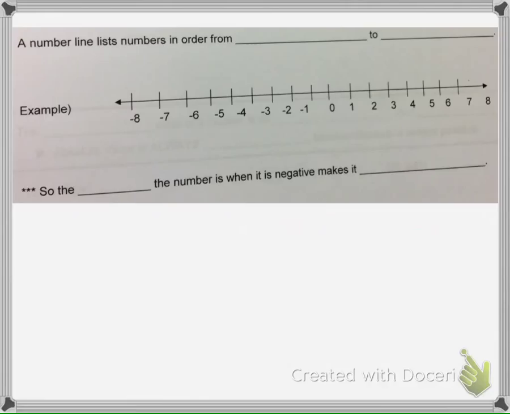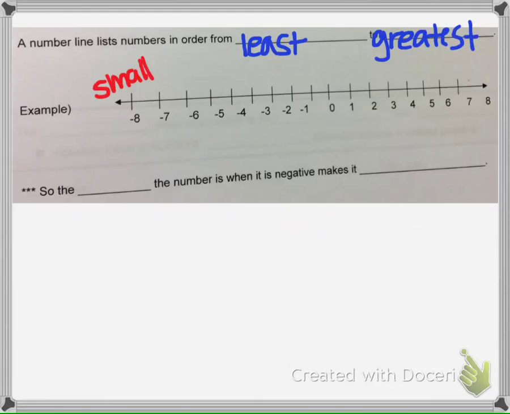So to compare numbers that are positive and negative, we can use a number line. And a number line lists numbers from least to greatest. So these numbers are smaller, and these numbers on the right side are bigger.